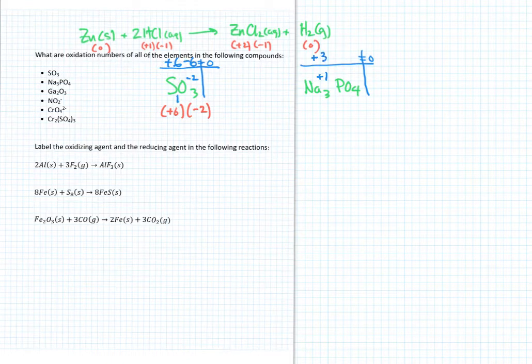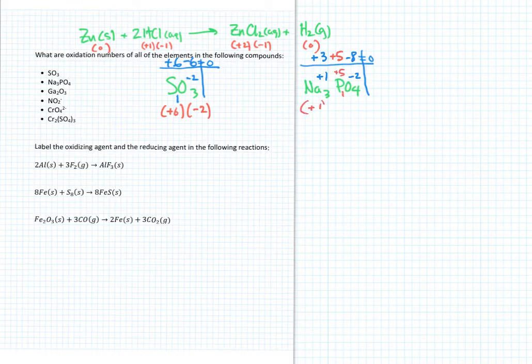So the sodiums are going to contribute +3. The oxygen is usually -2. And in this case, it's also -2. It's not a peroxide. So this is going to give me a -8 contribution from all the oxygens. So that tells me that the contribution of all the phosphoruses has to be +5, but since there's only 1 phosphorus, that tells me that phosphorus is indeed +5.